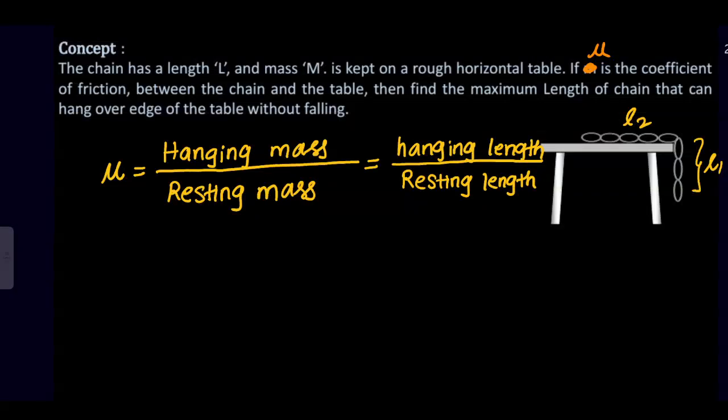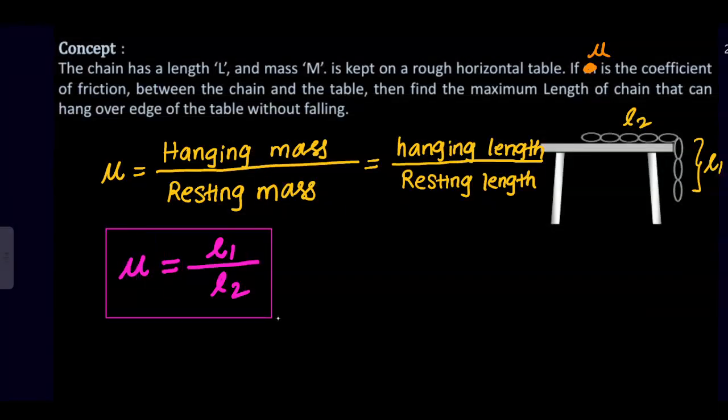So the coefficient of friction mu is equal to L1 by L2. L1 is the hanging length. L2 is the resting length, meaning the length that lies on the table.